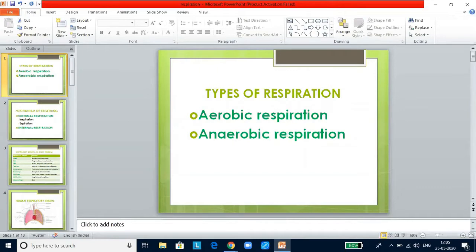Aerobic respiration: when oxygen is used for respiration, it is called aerobic respiration, and this is most commonly seen in plants and animals. In higher animals, the whole process of respiration includes external respiration, internal respiration, and cellular respiration.